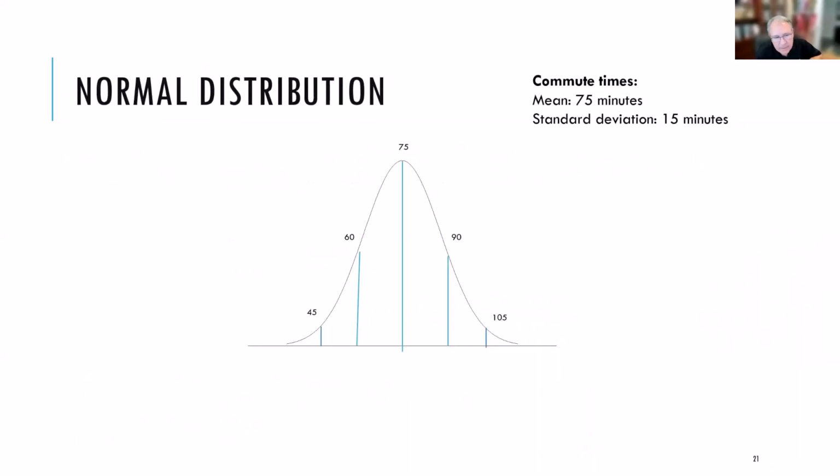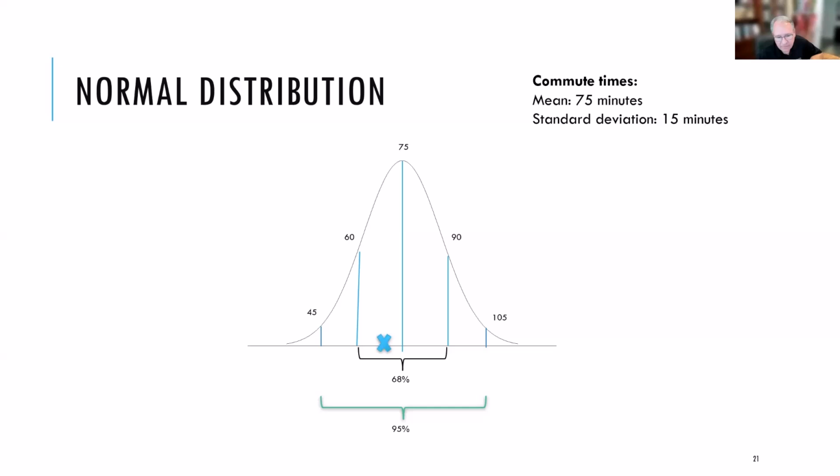Another key concept is a normal distribution. When I lived in Dallas, I had about a 75-minute average commute time. So my mean was 75, and the standard deviation was 15 minutes. I've broken this chart down by standard deviations. In a normal distribution, about 68% of the range is going to be plus or minus 1 standard deviation. 95% of the scores are going to be 2 standard deviations around that mean.